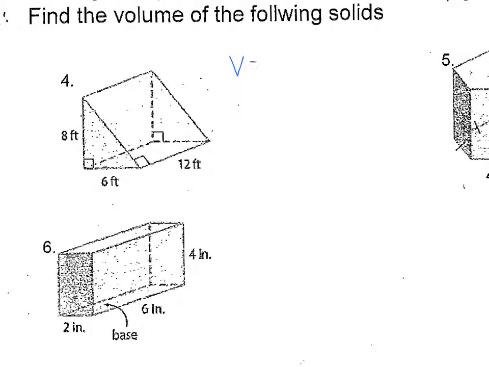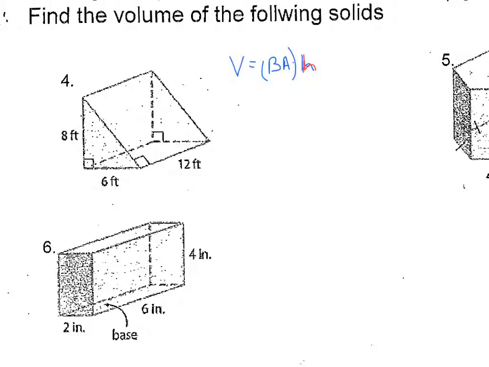New formula. Volume is base area times height. That big B stands for base area. Some people actually like to write BA, because that's what I just called it a second ago. So you can put BA, or you can just put capital B. Don't use a lowercase b, then we're going to think it's a unit measurement.